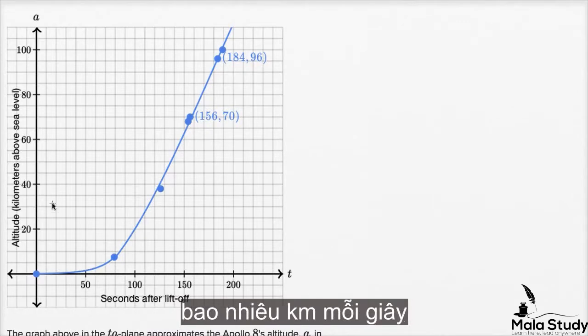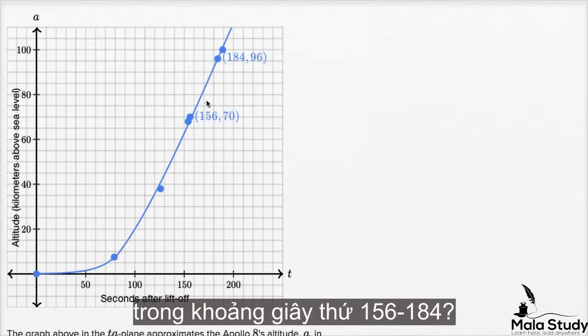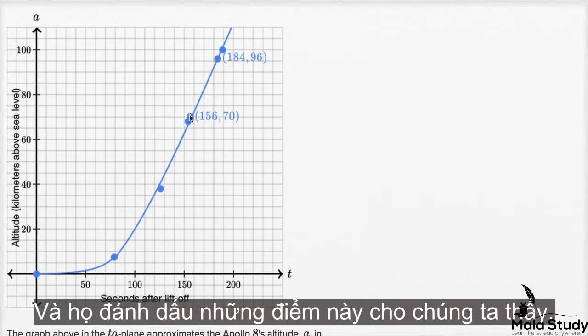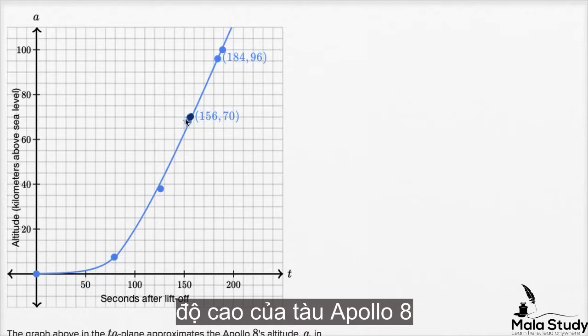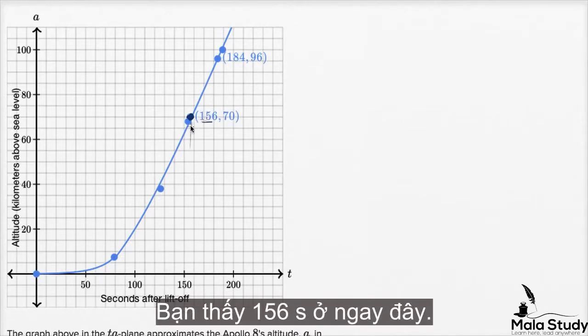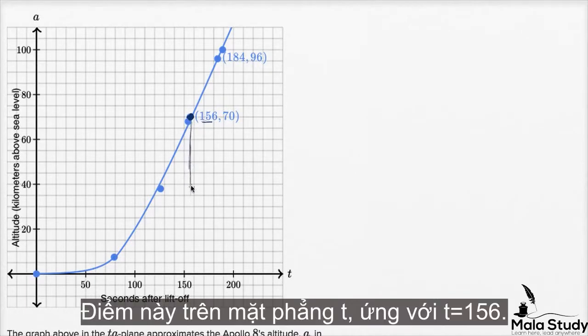Now, they wanted to know, how many kilometers per second was the Apollo 8 traveling between 156 and 184 seconds? And they labeled those points for us. This point tells us the altitude of Apollo 8 at 156 seconds. You see the 156 seconds right over here, so our t coordinate is 156.